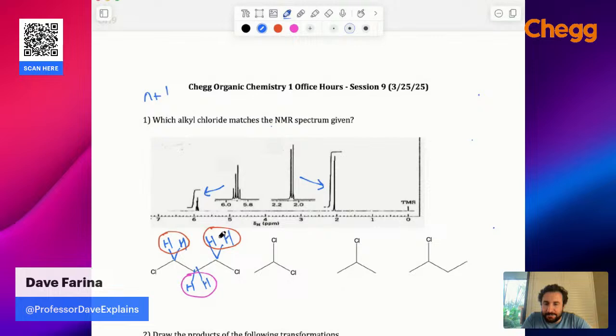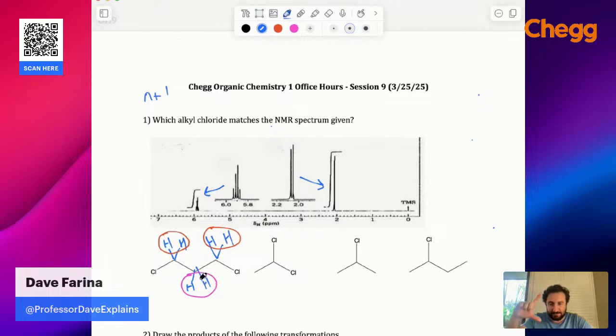These ones would be split into a triplet because these protons are all adjacent to a carbon with 2 protons on it. This hydrogen right here sees 2 protons next door. So n is 2, n+1 is 3, and the resonance would be split into a triplet. And each of these protons sees the same thing, so it's integrated higher.